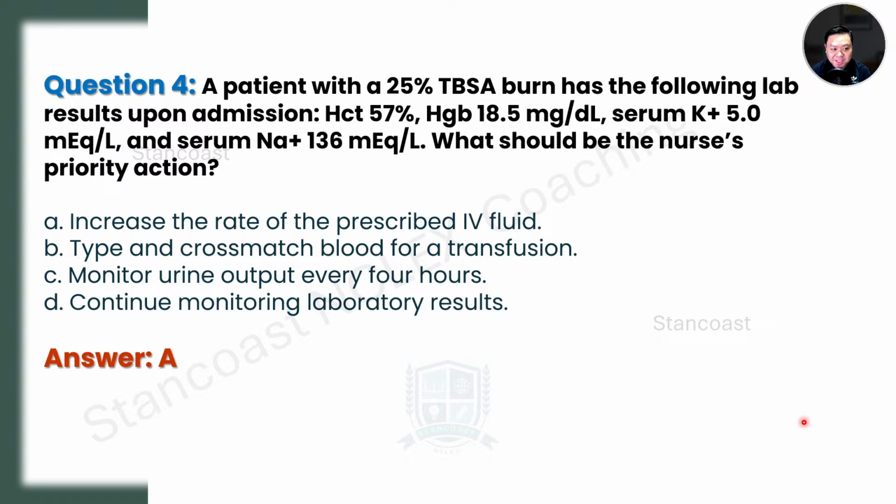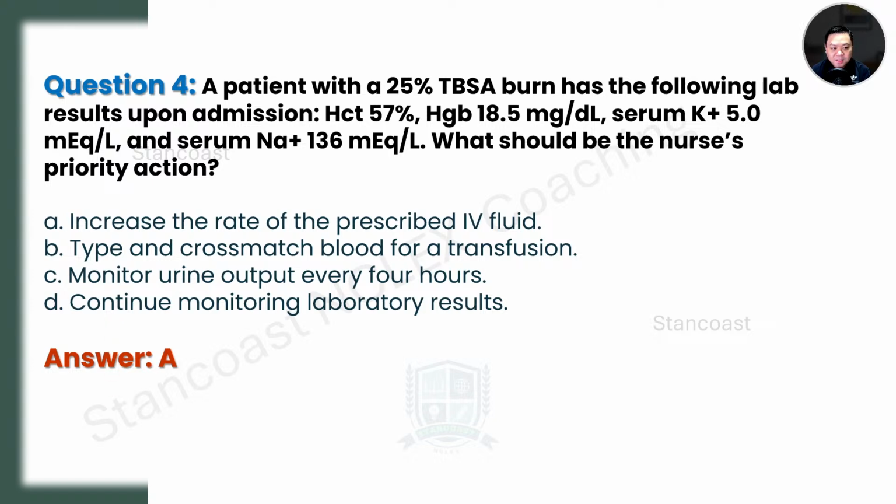If you selected letter D, continue monitoring lab results, well, waiting to monitor without any action can actually worsen the fluid status, and this can lead to more complications caused by the reduced tissue perfusion because of the dehydration, right? You should eliminate letter D this time. This is inaction. You're not going to wait.